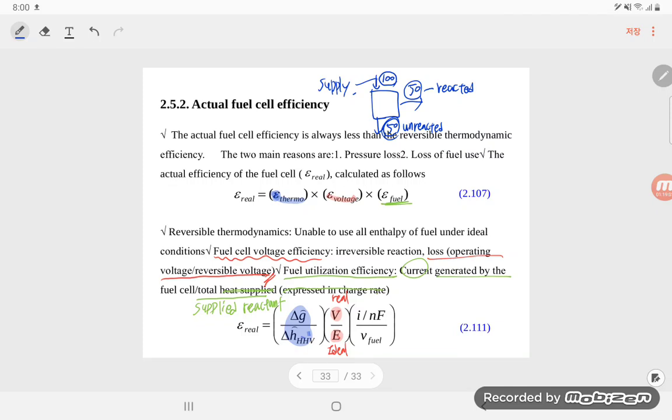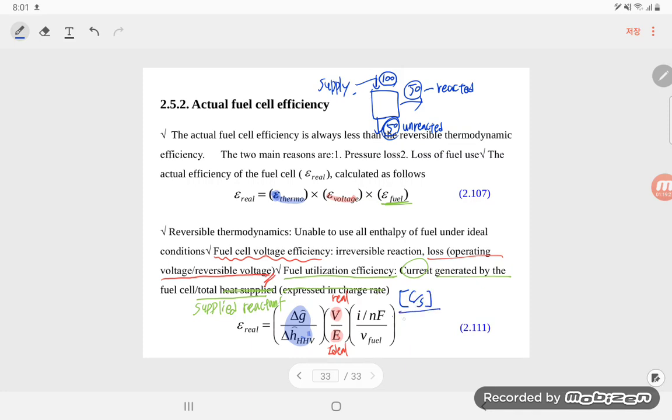How can we express this concept as an equation? What is I? I equals coulomb per second, right? Let's take a look at the unit of it.